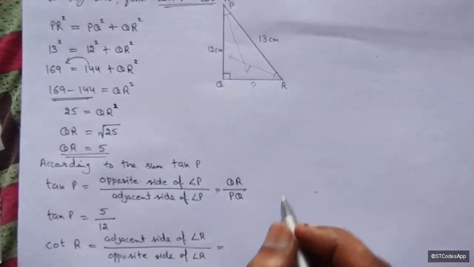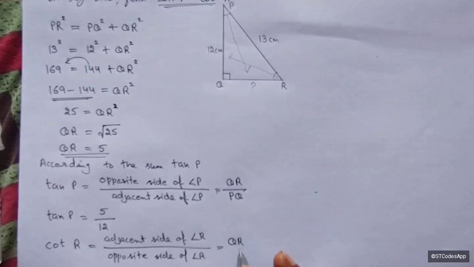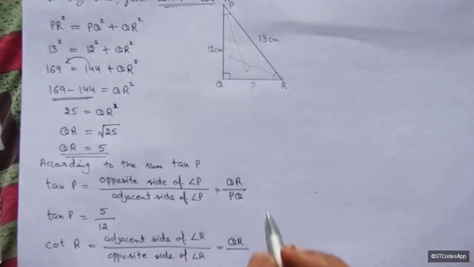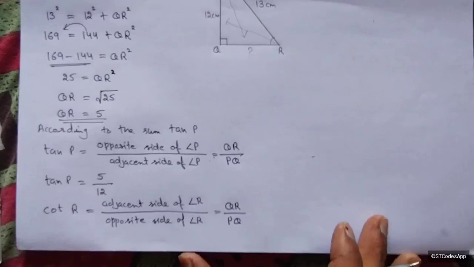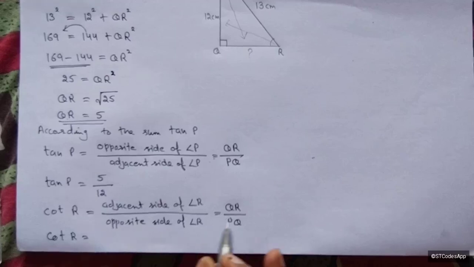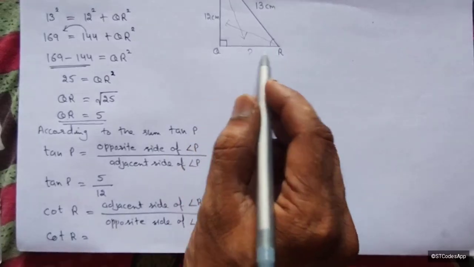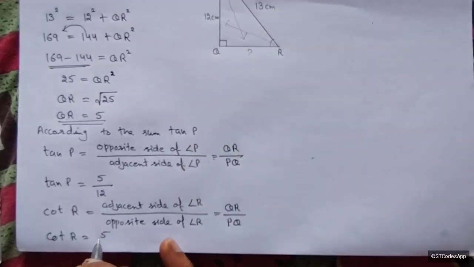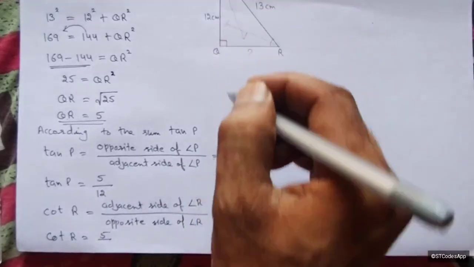That is QR, divided by the opposite side of R, that is PQ. So cot R is equal to QR, again 5 centimeter, divided by PQ, 12 centimeter.